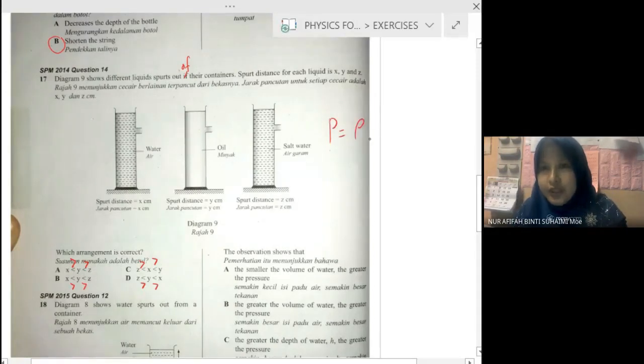So here the question uses different densities, right? Different density. The depth is the same. The level of depth is all the same.